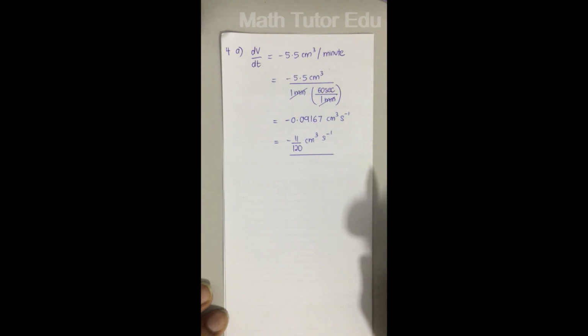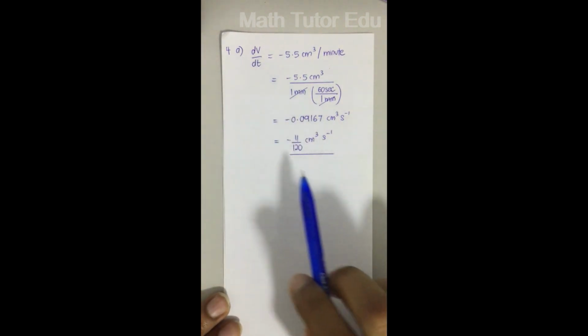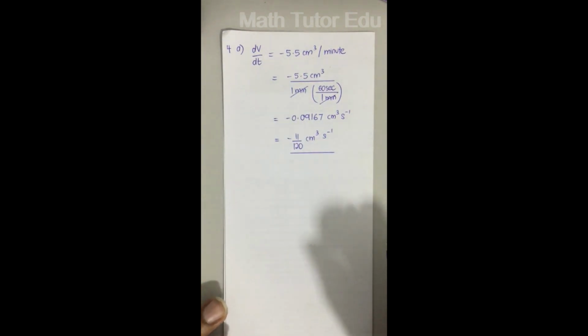Now once you have converted dV over dt into centimeter cube per second, the next step is we need to come up with a chain rule formula, guys. Since this concept involves rates of change, in order to solve it we need to apply the chain rule formula.